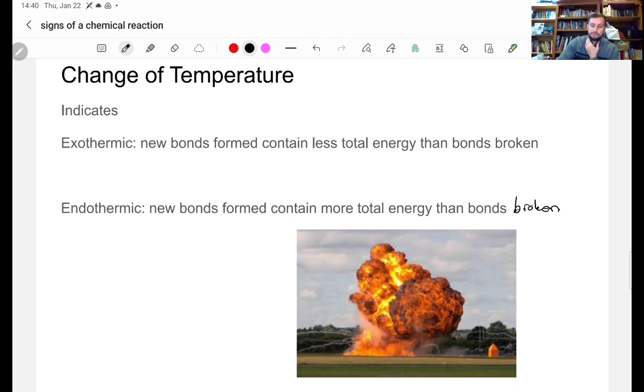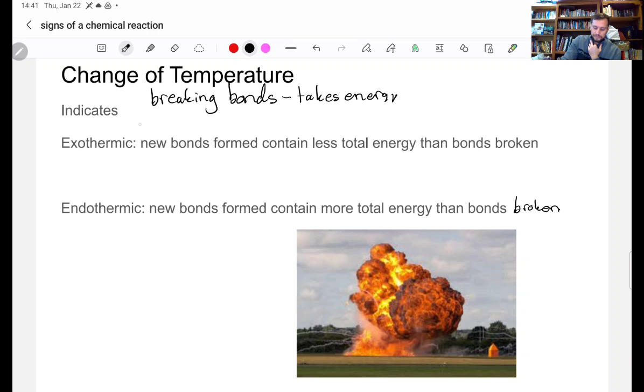Another way we said this previously, remember that breaking bonds, does that take energy or release energy? Tell the person next to you. Does breaking bonds take energy or release energy? Breaking bonds takes energy, right?